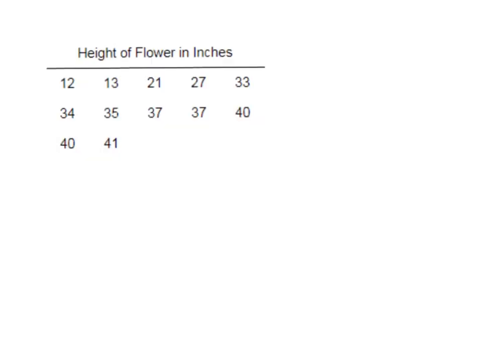So here's our first one. It's a histogram, or not a histogram, I'm sorry, it's a frequency table of the height of flowers in inches. The first thing you would do here is find the mean, the median, the mode, and the range.